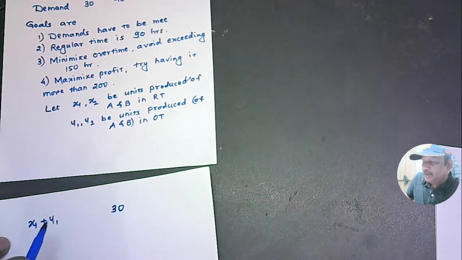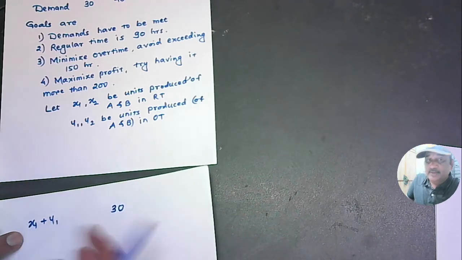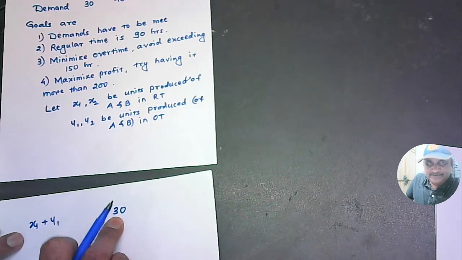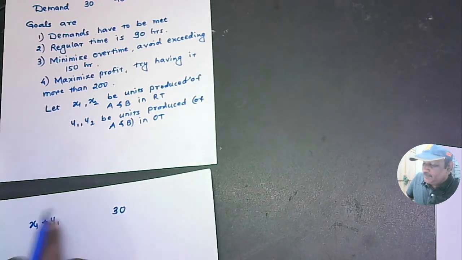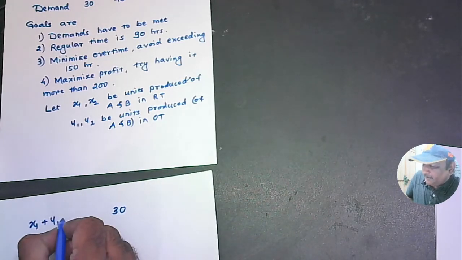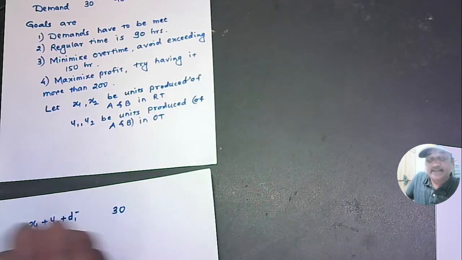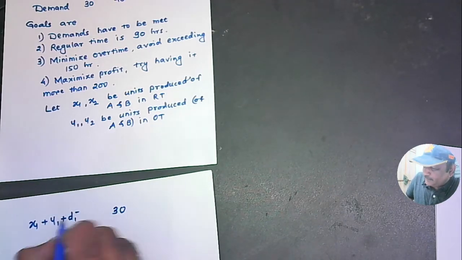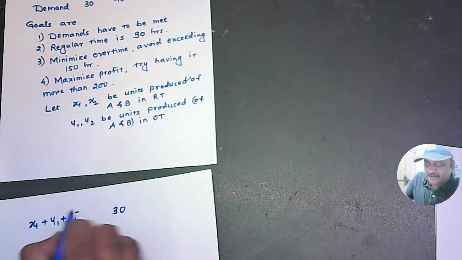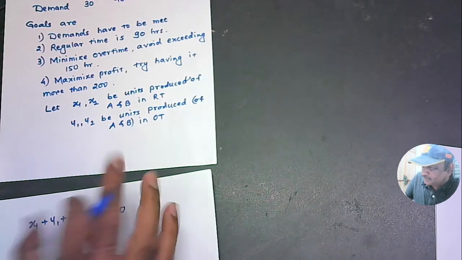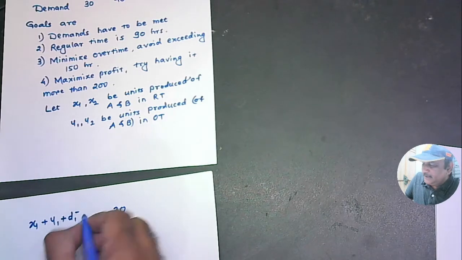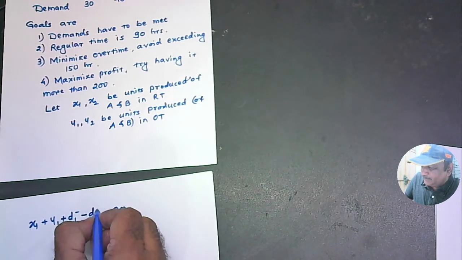Now your production may be underachieved or maybe overachieved. Demand is 30. Right, so you may fall short of 30, and if you fall short, you have to add d1 minus, the underachievement. And if you go more than 30, because there is a possibility of increasing also, we are giving that flexibility, that is to be subtracted to keep the balance: d1 plus.